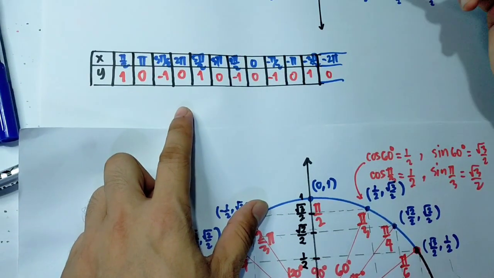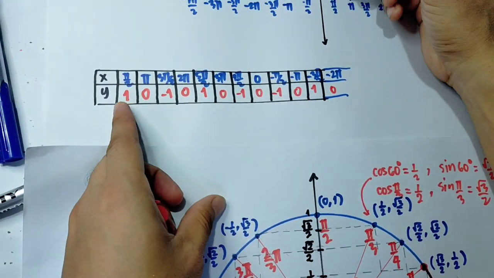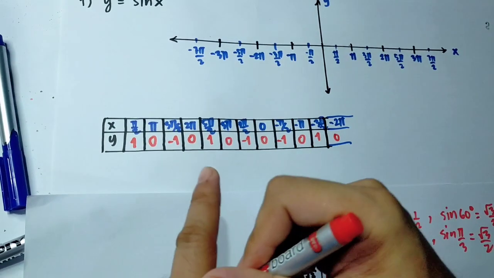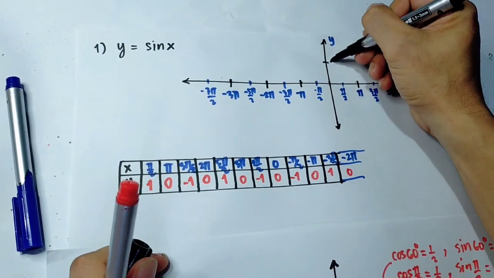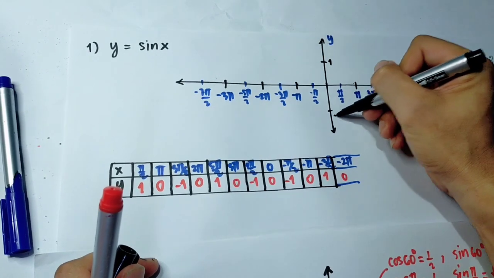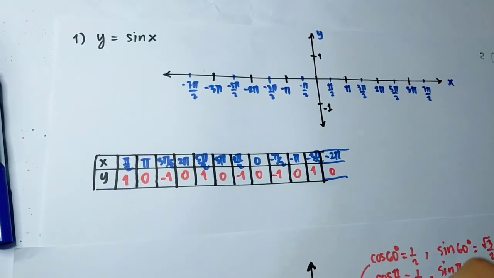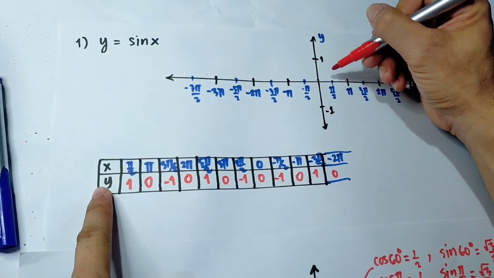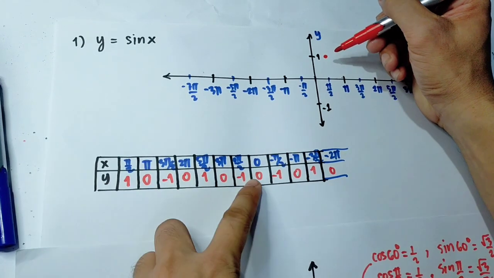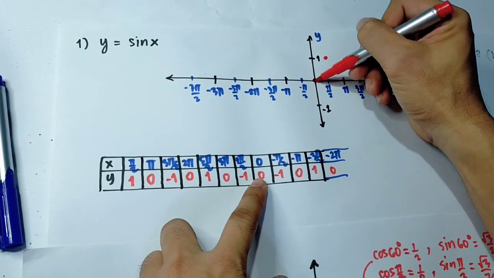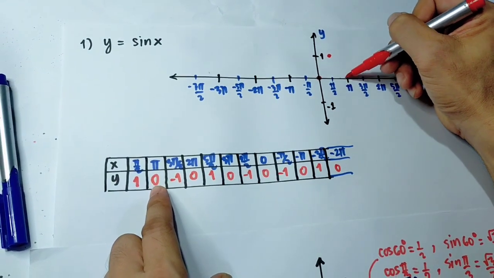Now let's start graphing it. Let's start from pi over 2. Say if this is our 1 here, and this is our negative 1 here. Okay, pi over 2, our y is 1. At 0, our y is 0. When x is pi, y is 0.